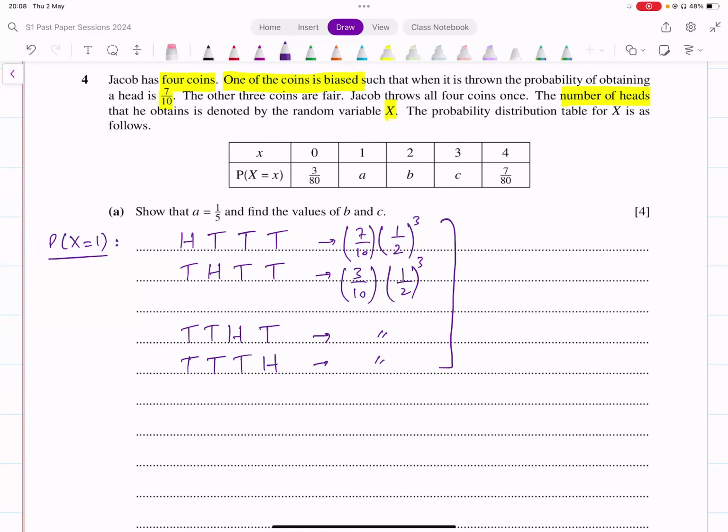What's this number? 1/5? Yeah, so it should turn out to be 1/5. That's what they wanted from us eventually. So this turns out to be 1/5, and that's the value of A that we were looking for, right? That's what we had to find in the first part.